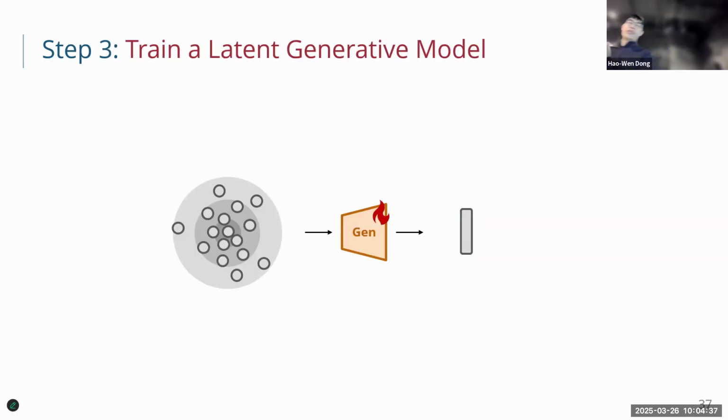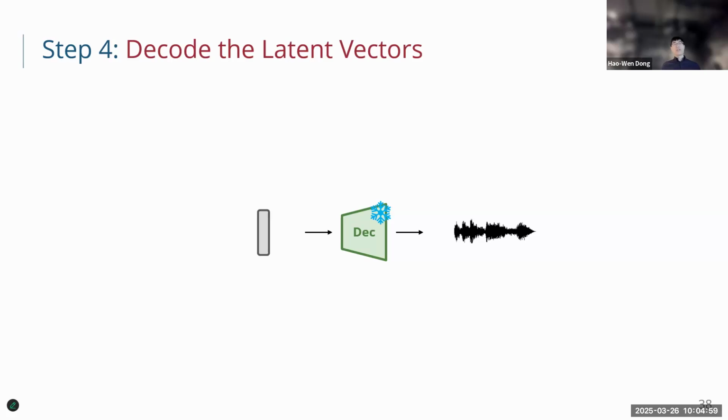So now what you want to do is train this latent generative model. Think of the latent diffusion model as this. You go from some random distribution, and you train this generator that will generate those tiny MP3 files, basically. So you can generate a bunch of those. And at the end, once you generate these, you decode the latent vectors with the decoder back to the audio waveform.